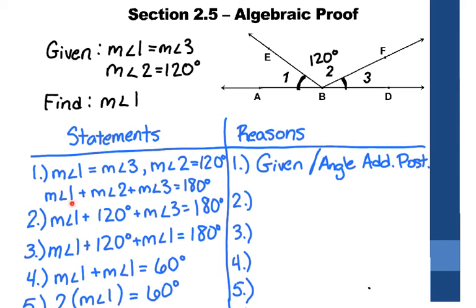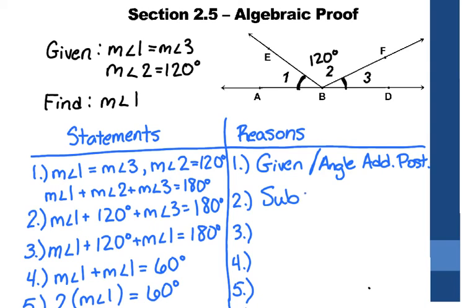Now from our angle addition postulate, let's look at this right here and compare it to step number 2. What we added in was this right here. Part of our given information was that the measure of angle 2 is equal to 120. So what we did was substituted in 120 degrees for our measurement of angle 2. So that right there tells you we use the substitution property of equality.